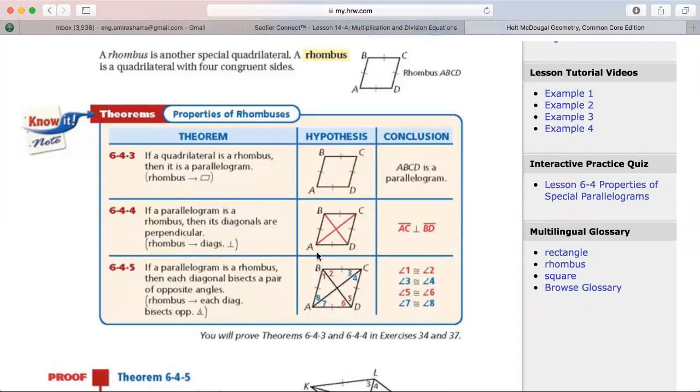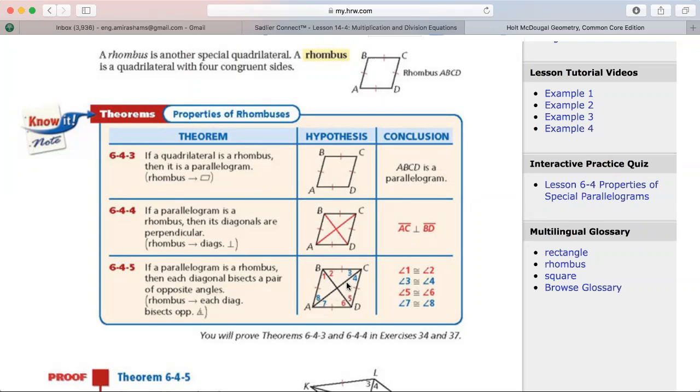So this diagonal BD divides angle B into two equal angles, 1 and 2. And also BD divides angle D into two equal angles, 5 and 6. Okay, 1 and 2 is equal to 5 and 6.